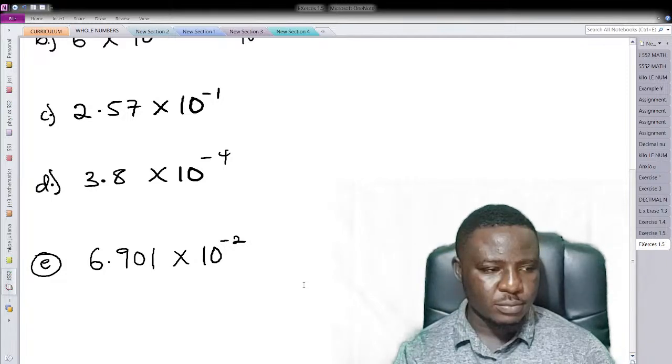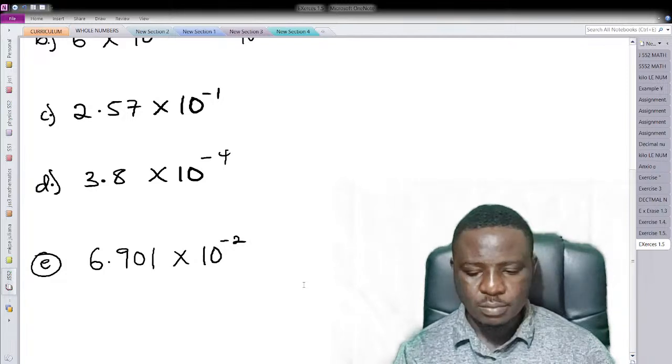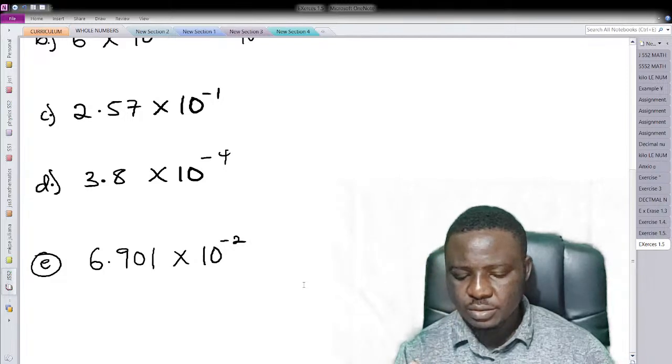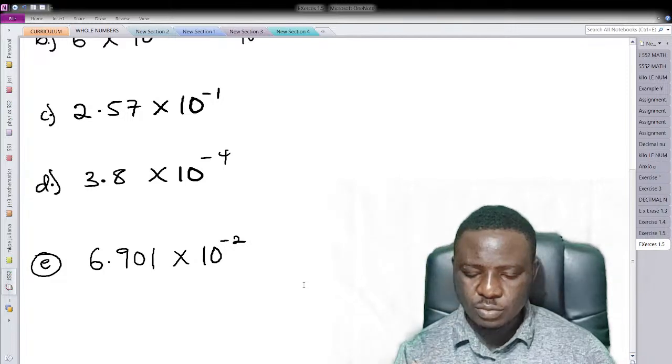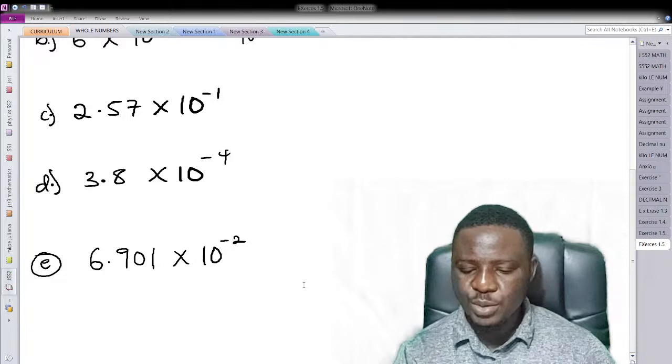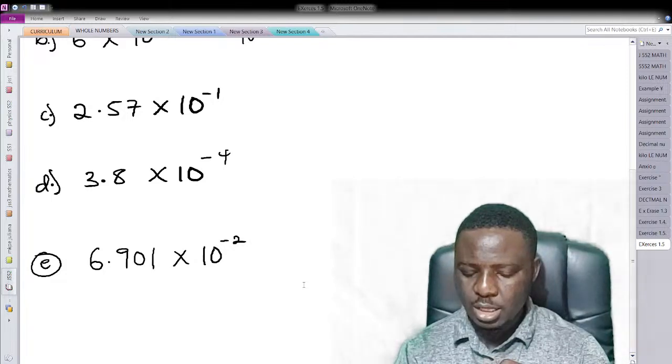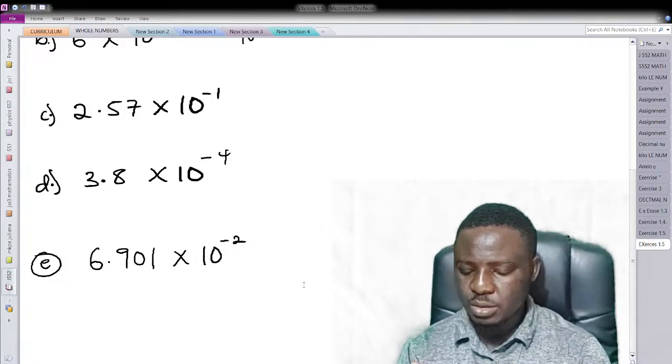And E is 6.901 times 10 raised to the power of minus 2. Have you copied it? Okay, so you can put down your phone and then solve it, after which you show me. Is that okay?